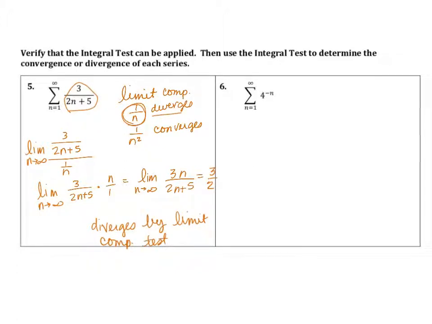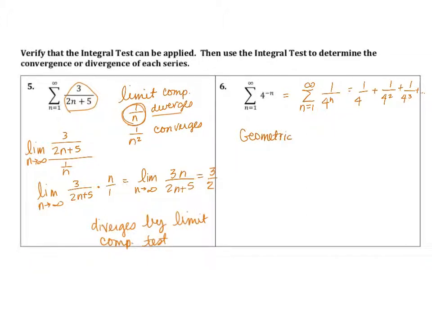All right, so let's go ahead and look at our next one. And this one has an awful look of geometric. So let's rewrite this. This is the sum from n equals 1 to infinity of 1 over 4 to the n. If I start expanding out these terms, we get 1/4 plus 1 over 4 squared plus 1 over 4 cubed, and so forth. So this is geometric.